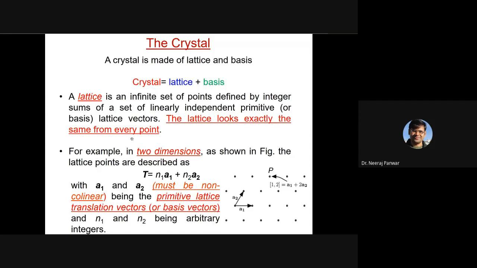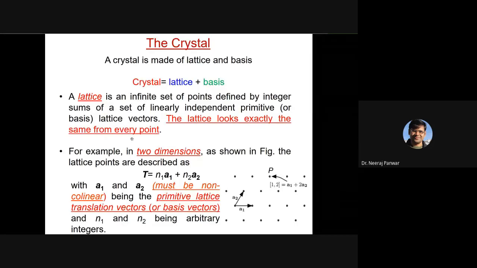So now we try to look inside and see what is there inside the crystal. A crystal we can define in a simple sense: a crystal is made of lattice and basis. We will understand each term in detail separately. First, we discuss lattice.